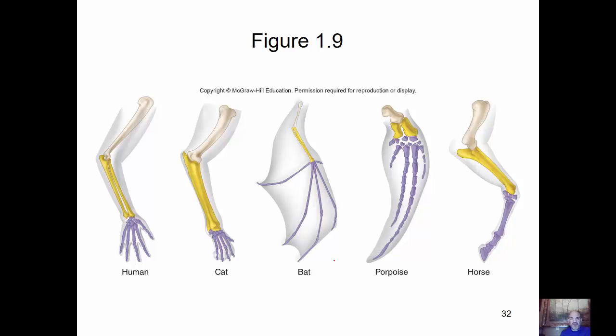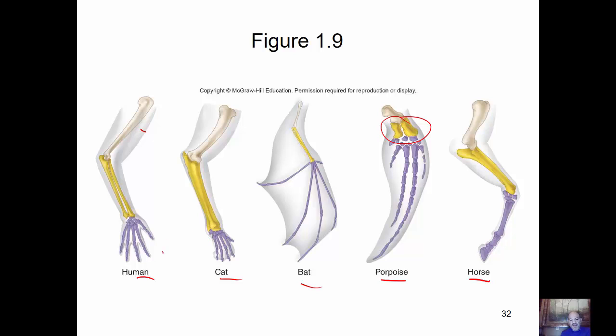So here's a picture of the bones of some vertebrates, including humans, cats, bats, porpoise, which is like a dolphin, and a horse. And similar bones are colored similarly. So there's the humerus. All the humerus bones are colored white, and then the bones of the forearm, the radius and the ulna. In some cases, those bones have fused together or become shortened, like in the porpoise there.